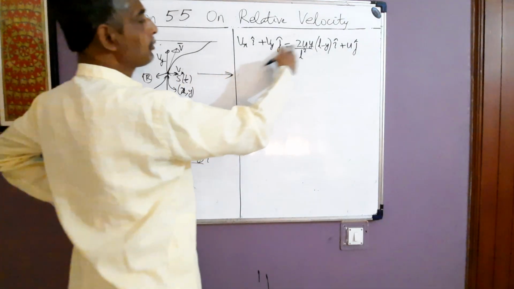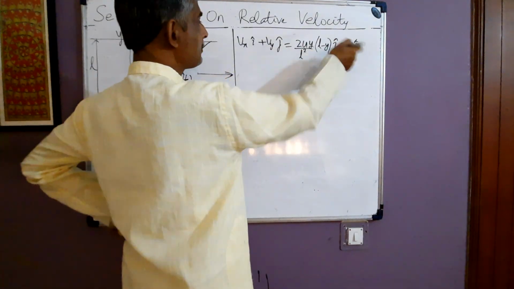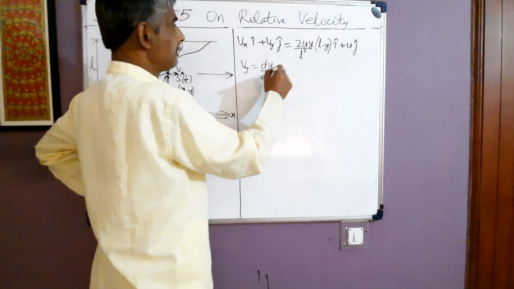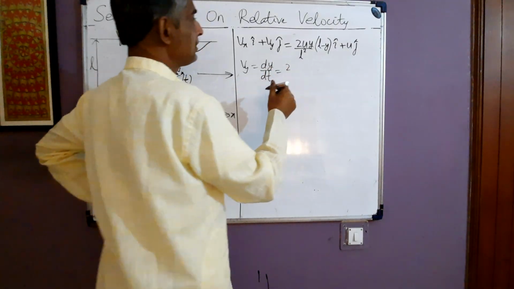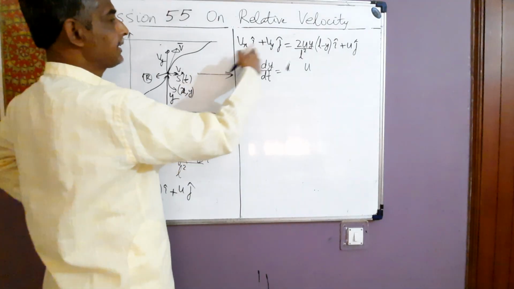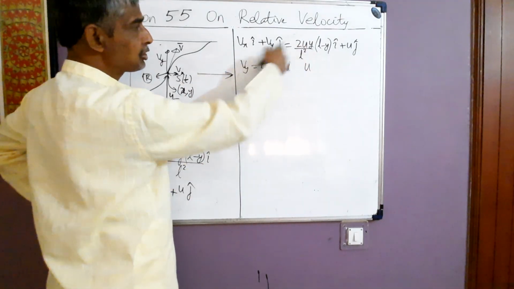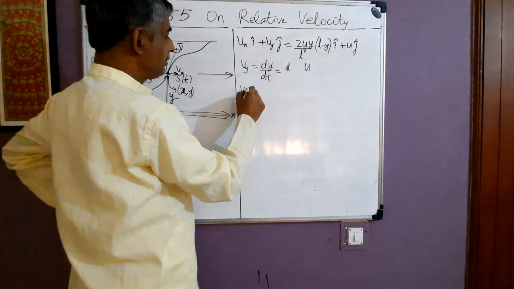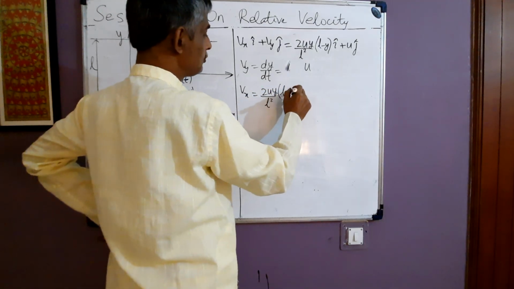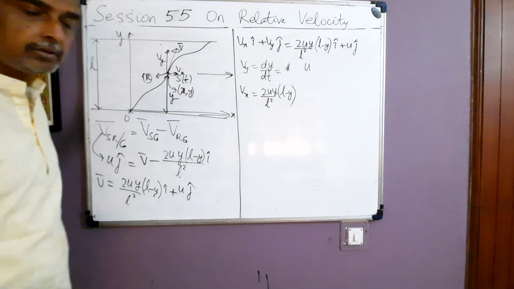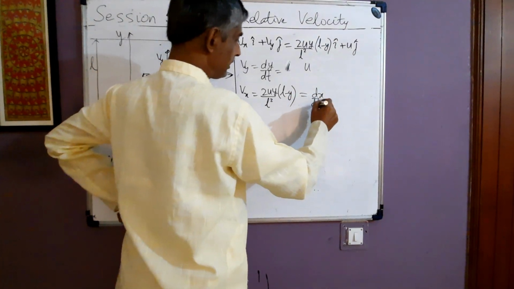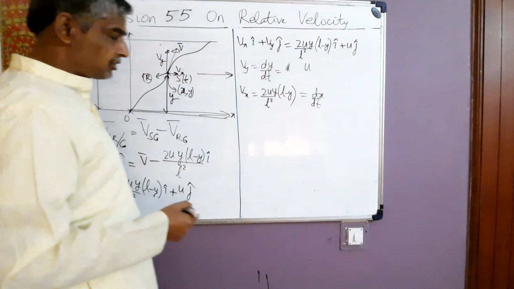Equating the coefficient of j hat, Vy, which is simply dy by dt, is just equal to u. And equating the coefficient of i hat, Vx is equal to 2uy by L square into (L minus y). This Vx is dx by dt.